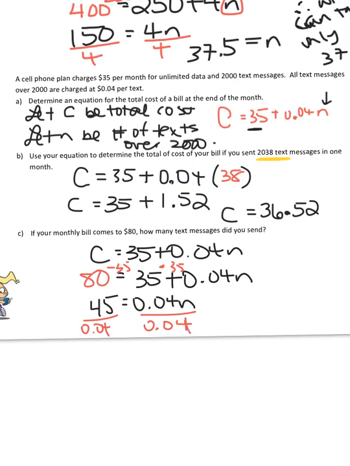And then we'll divide out our 0.04. It's just like if you had a whole number in front of your n. And my answer over here, I have 1,125 is equal to n. So that's 1,125 over the 2,000.